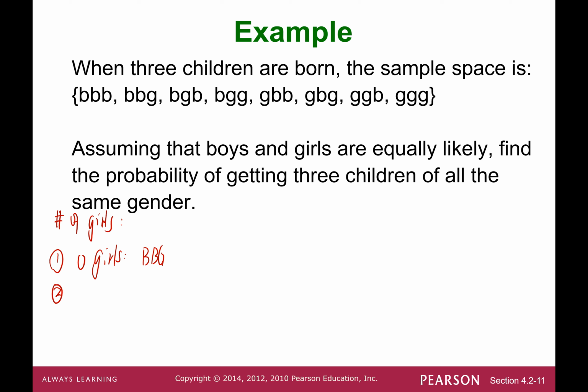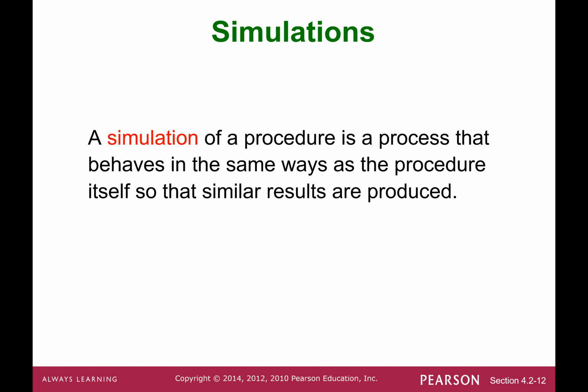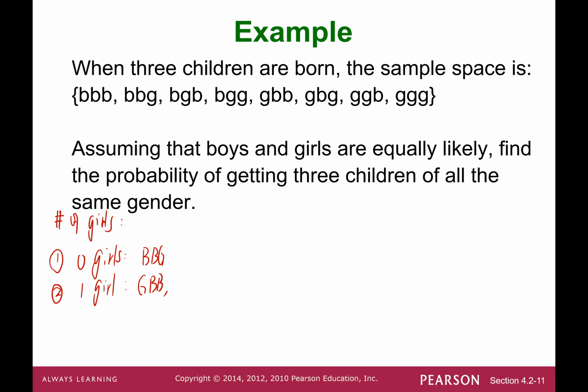Now the second outcome is getting 1 girl. The girl could be on the first spot, so you get girl, boy, boy. Now the girl could occur in the second spot, so boy, girl, boy. So you just have to locate a position for the girl, then you get all these possible outcomes. The third one will be the girl on the third spot, so it's boy, boy, girl.